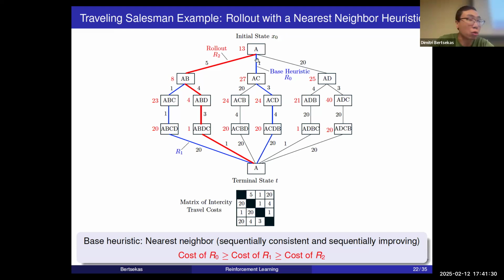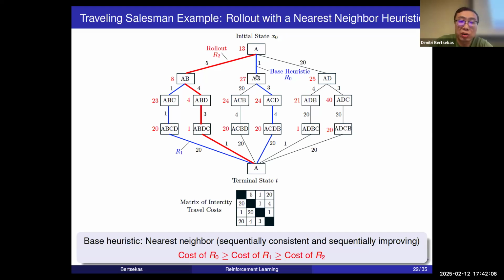Now, if we look at the calculation according to rollout, one step lookahead with the nearest neighbor heuristic as base heuristic. Starting from the initial state A, we look at all possible next cities, B, C, D, and starting from any of those partial tours, we run the base heuristic. Starting from here, we run the base heuristic. Two alternatives are C and D. We choose city C and continue with the subsequent construction.